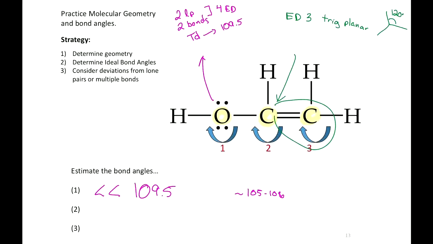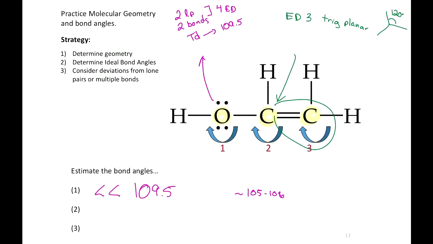So I like to just draw it like that and think, okay, that bond is going to take up more space. What is that going to do to this second bond angle, this indicated bond angle right there? Is it going to make it smaller or open it up? It's going to open it up, because it's adjacent. It's not opposite of that double bond, it's actually next to it.